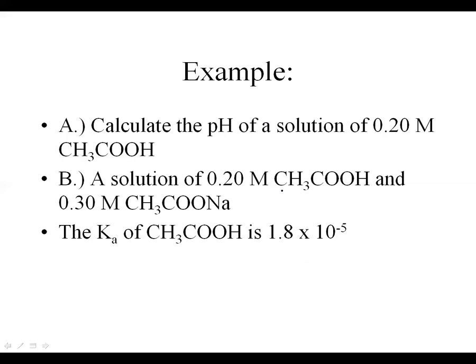So this one really is just a Ka type problem, part A. In part A, we have 0.2 molar acetic acid with a Ka value of 1.8 times 10 to the minus 5. And we're interested in what the pH is.